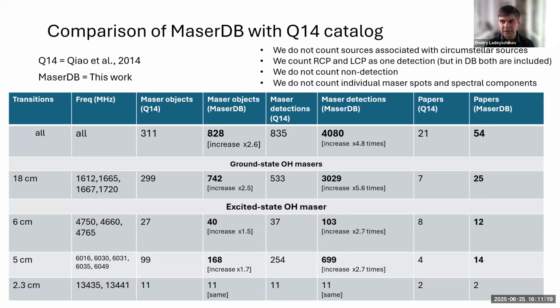This is quite a significant improvement in statistics, and it concerns not only ground state OH masers, but also excited state. We have increased 1.5 times the number of sources for excited state masers and also for detections. The reason for this increase is not only that new papers came out after the work of CSIRO, but also that less known surveys are included that were not included in the CSIRO 2014 work.